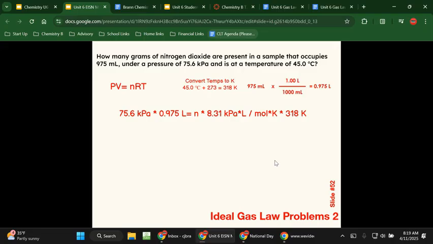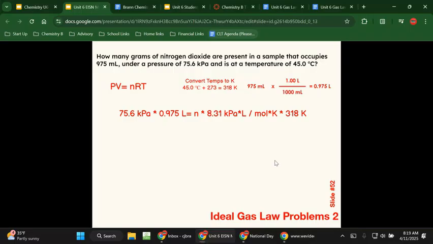Our R value needs to match that unit. So we pick the R value that has the same unit that our pressure does. In the last one, we used 0.0821 because our pressure was in atmospheres. That is the R value for atmospheres. Your R value gets determined by what unit your pressure is.